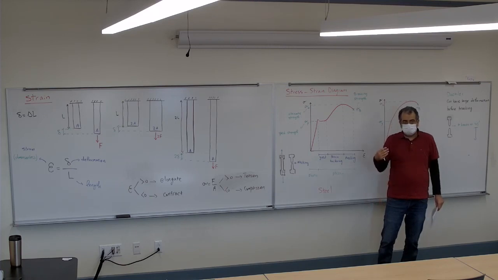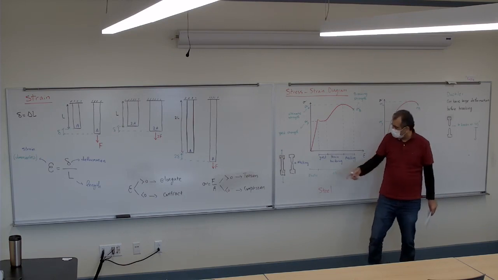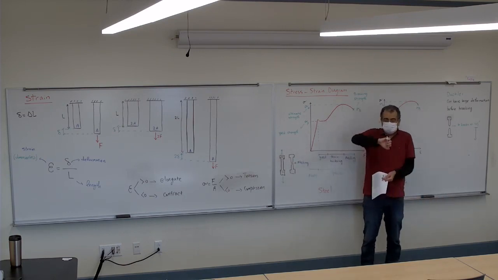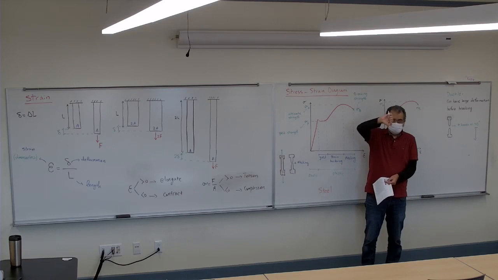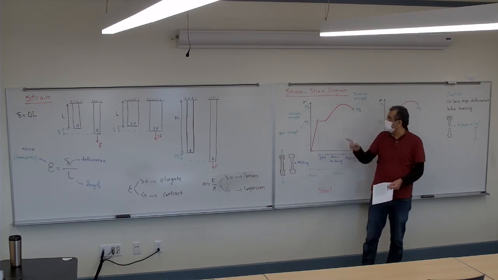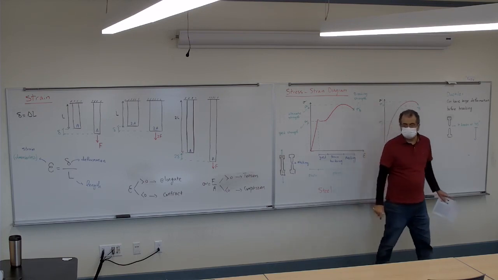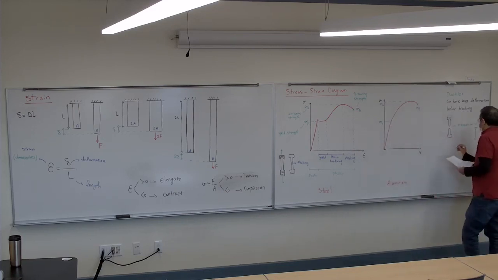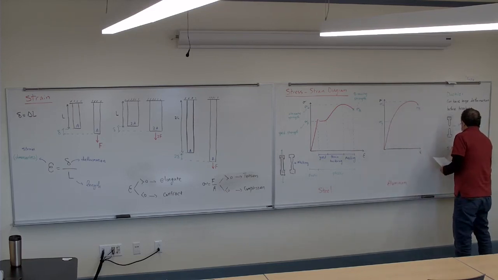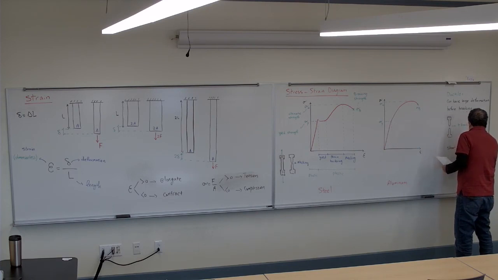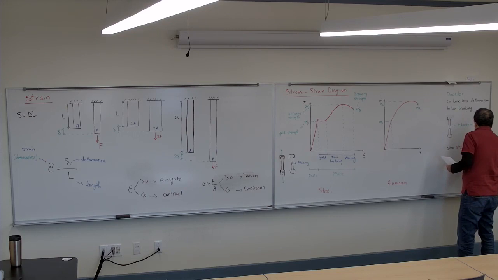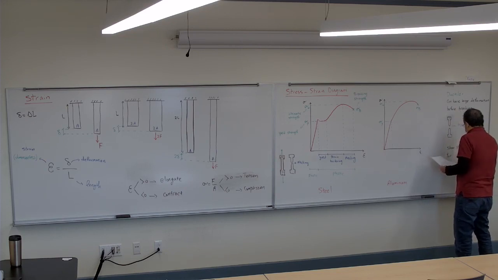That's completely against what you feel it should be, because you're pulling it apart and you say, okay, it should break under the pulling, or the normal stress, but no. The steel doesn't break under normal stress. It breaks under the shear stress. So it means that shear stress is responsible for breaking.